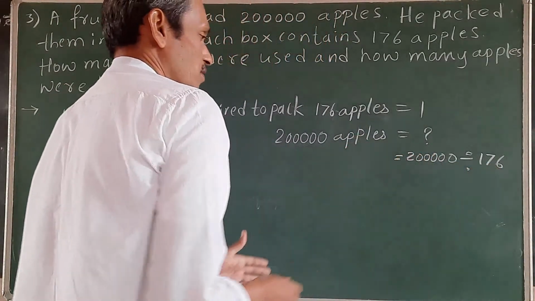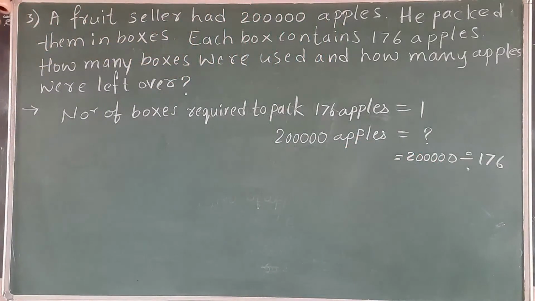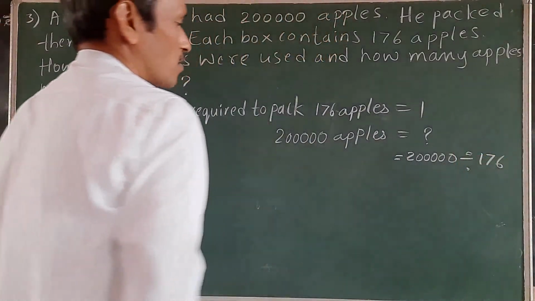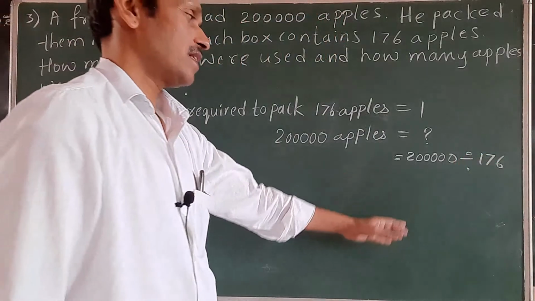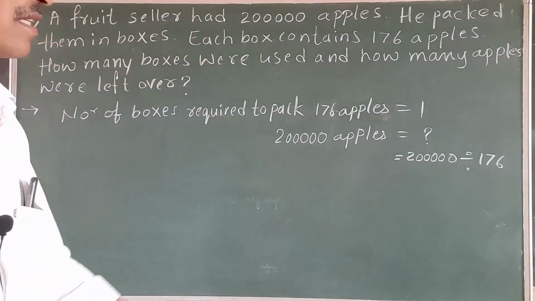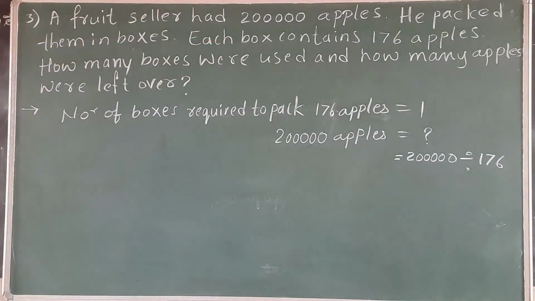One part denotes one box, and however many parts we get, that many boxes are required to pack these apples. If any remainder persists, that shows the number of apples left over after packing 176 in each box.